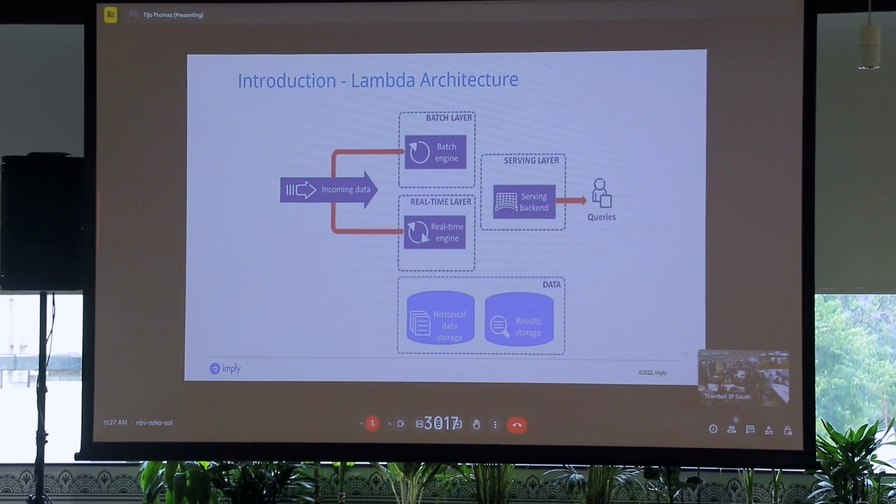So the historical data is in S3 and the real-time data is in Kafka. Now assume you are running a campaign, and you are checking how the campaign performed in the last 1 week against a campaign which ran 1 month back. So you need historical data, right? You need to merge these two results together. Only then can you know how your current campaign is going. Everything is relative, right?